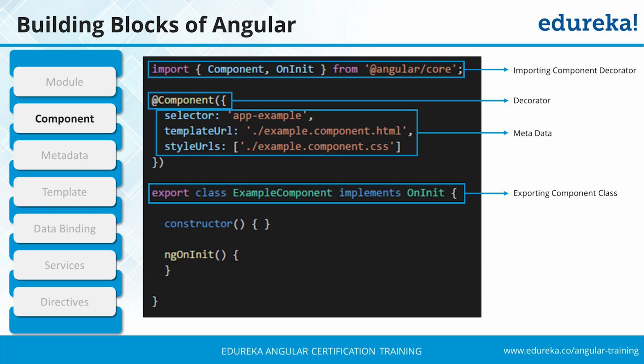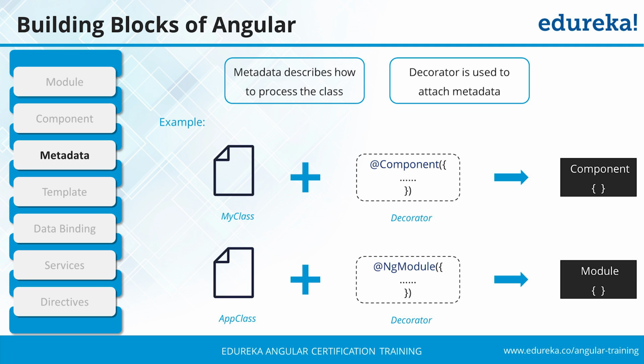And there are a few types of metadata available: selector, templates, styles, etc. What does the metadata do? Metadata is something that gives you the opportunity to combine the functionality of the component class with the template and tell the component how it needs to be instantiated, how it needs to behave, what functionality is associated, and how change detection should work on that particular application, etc. That is exactly what component does.